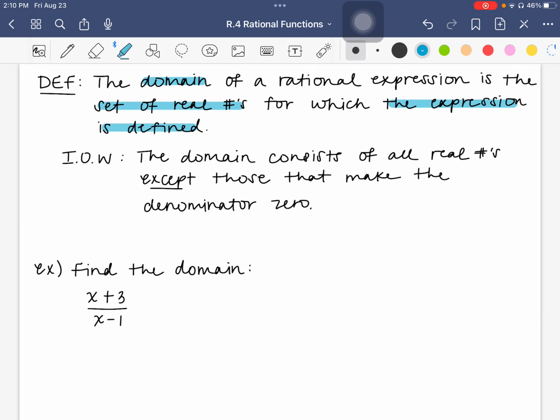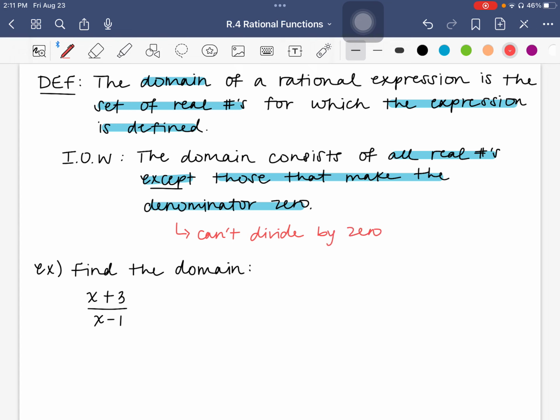In other words, the domain is going to consist of all real numbers except those that make the denominator 0, and this just stands for in other words. And we know this is the case because we know that we can't divide by 0.